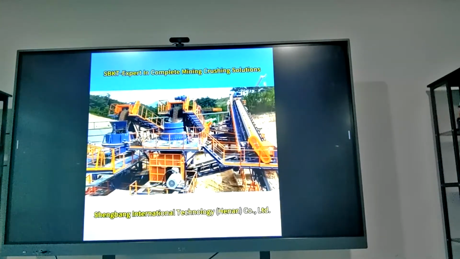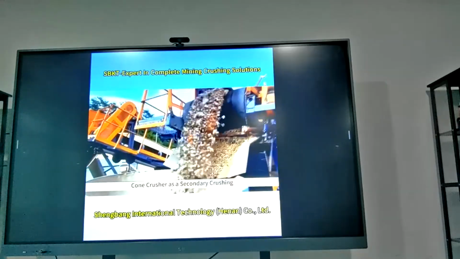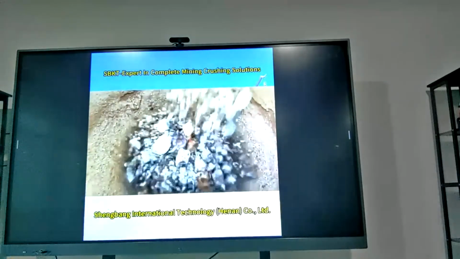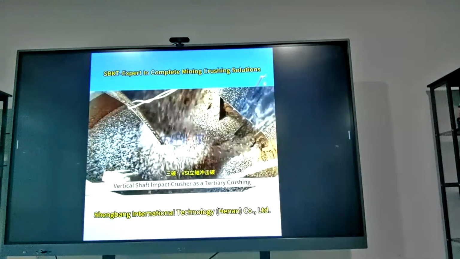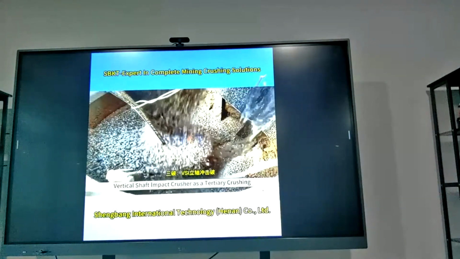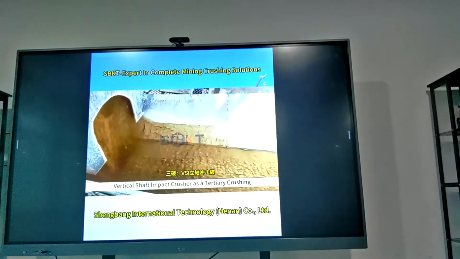At your site, we also build one operating room, just like what you see. After the cone crusher, we use the vertical shaft impact crusher.